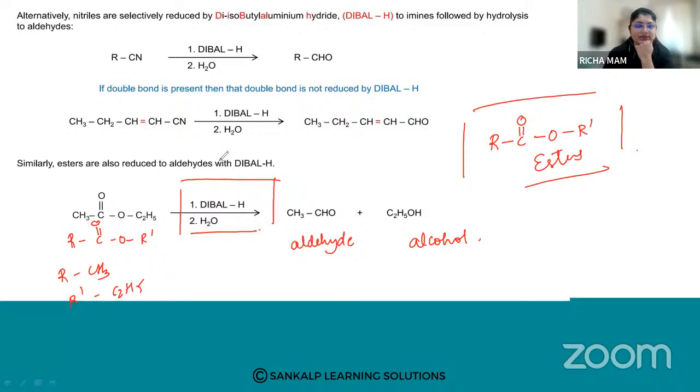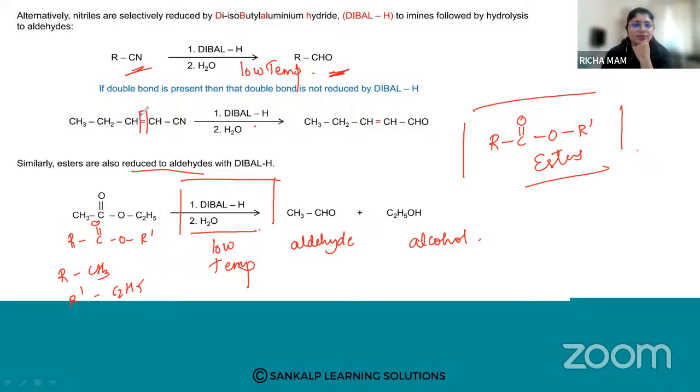So esters are also reduced to aldehydes with DIBAL-H at low temperature. Here also the temperature condition is low. At a very low temperature, we are going to convert the nitriles into aldehydes with DIBAL-H.